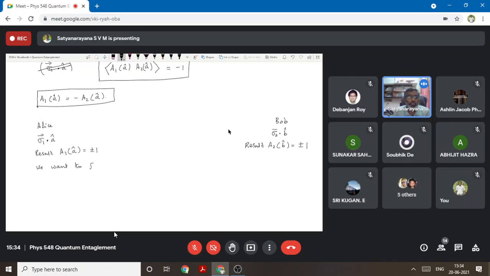We want to find this correlation, A1 of a into A2 of b, and the average of this. So we want to find the correlation function.